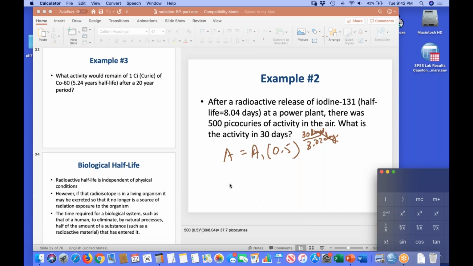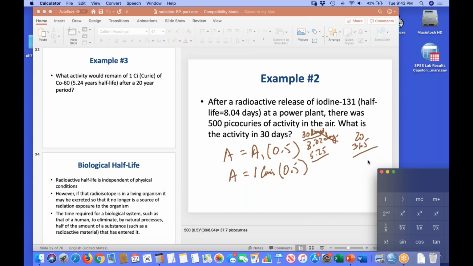Okay, so A is going to be equal to A1, which is 1 curie, times 0.5 times, let's see, we got 5.24 years over, now we got to convert 20 years, 20 times 365.